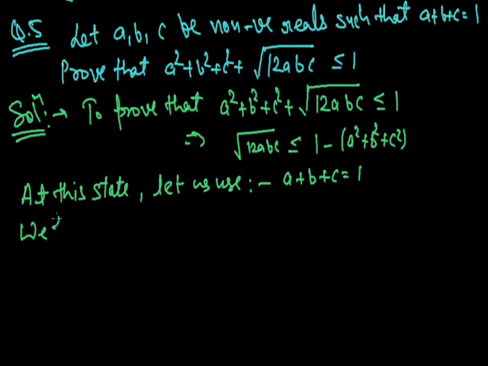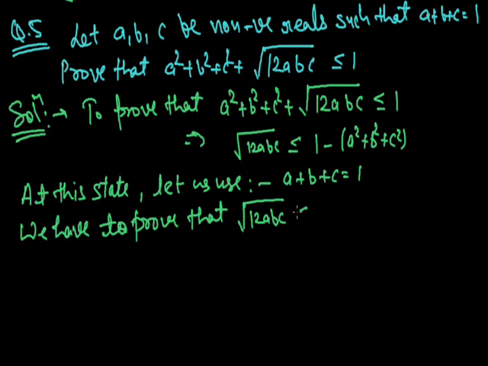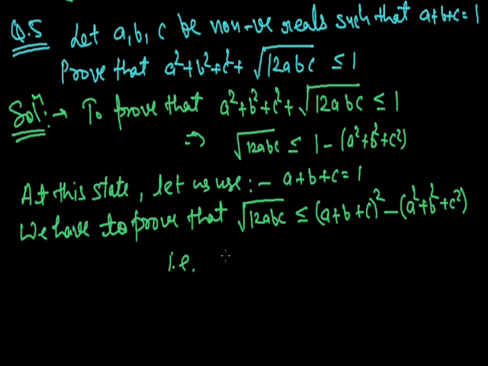Now we have to prove that square root of 12ABC is less than or equal to (A plus B plus C) whole square minus (A square plus B square plus C square), that is, square root of 12ABC is less than or equal to twice of (AB plus BC plus CA).